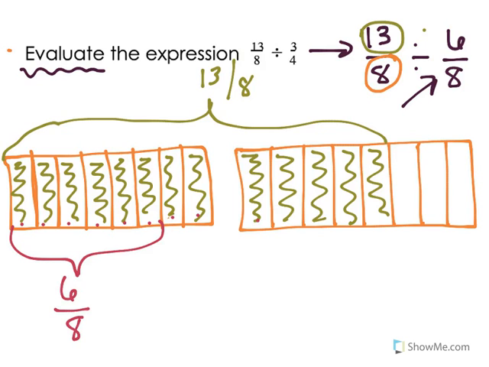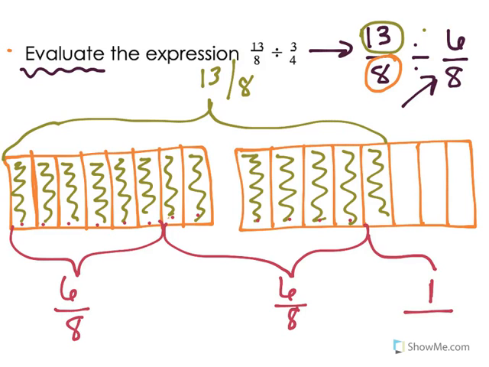And then I have 1, 2, 3, 4, 5, 6. That is another group of 6/8. Now this is where we need to pay very close attention. I see that I still have one box remaining that is shaded. So that means what's left is one box out of the amount that would be needed to make a group.